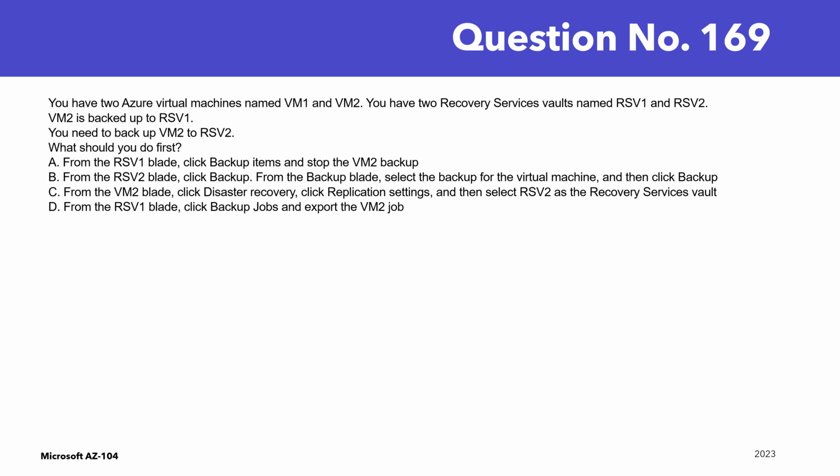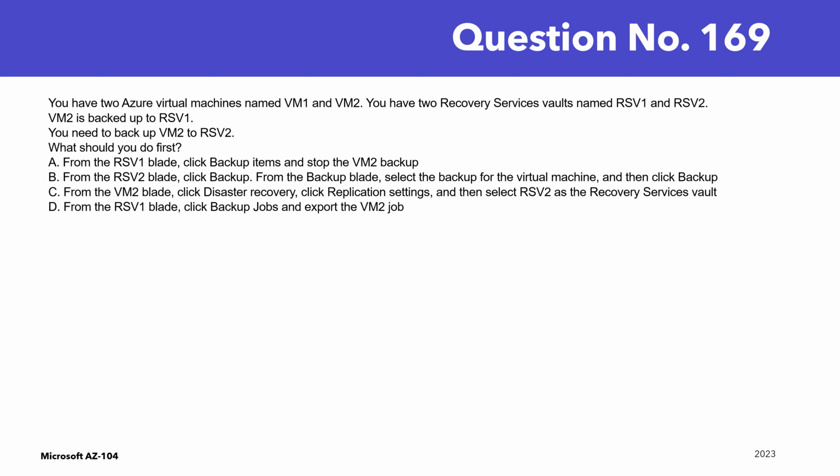You have two Azure virtual machines named VM1 and VM2. You have two recovery services vaults named RSV1 and RSV2. VM2 is backed up to RSV1. You need to back up VM2 to RSV2. What should you do first? A. From the RSV1 blade, click Backup Items and stop the VM2 backup.